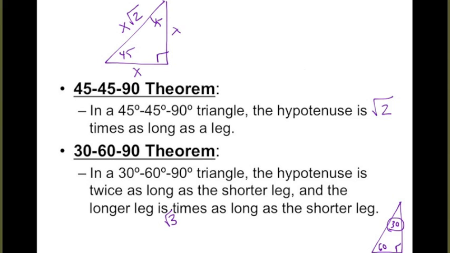So what we're going to look for is that 30-degree angle, and across from that, we're going to call that side x, and we're going to base everything off of that shortest leg. That's going to be a key to finding that side first in our problems. Then the theorem tells us the hypotenuse is twice as long as that, so that's going to be 2x. And the longer leg is square root of 3 times as long as that. So that side is going to be x square root of 3.